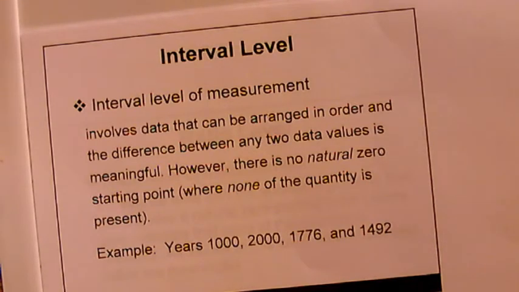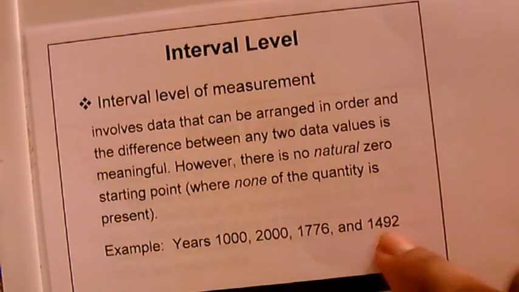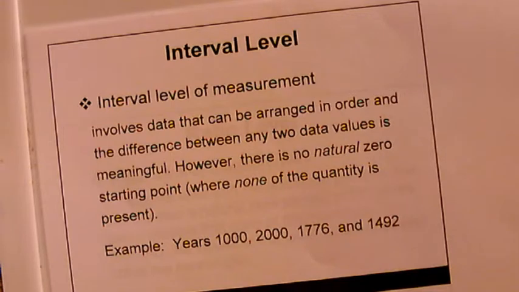That will classify as interval level, okay? Because I can come up with the difference between 1776 and 1492. I can find out how many years those 2 are apart. However, you don't have a natural zero because after 1 BC it became 1 AD. There is no natural zero in the years.